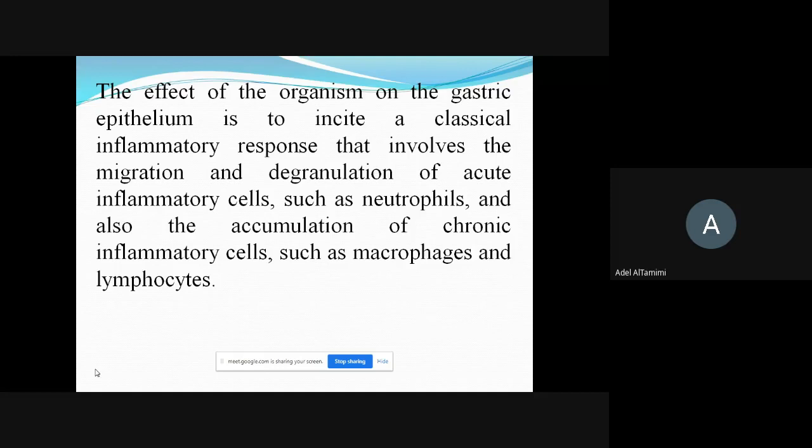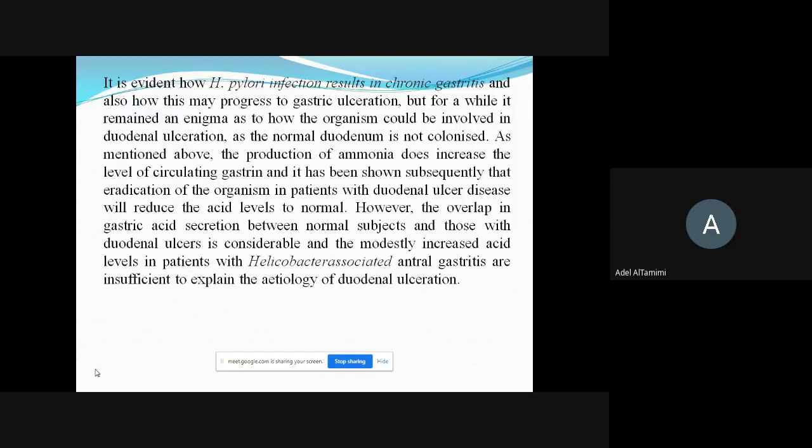The effect of the organism on the gastric epithelium is to incite the classical inflammatory response, as we said, that involves the migration and degranulation of acute inflammatory cells such as neutrophils, and also accumulation of chronic inflammatory cells such as macrophages and lymphocytes. We said that a moment ago.